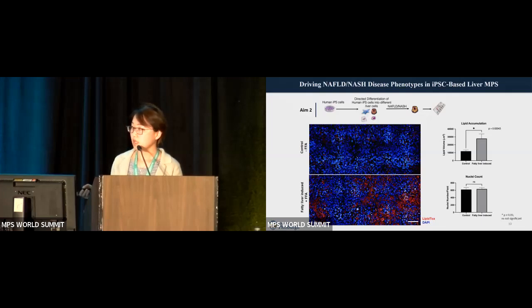We have DAPI showing the nuclei, and the red signal is from lipid staining. From the quantification, we can see the lipid accumulation is threefold higher in the disease-induced media, with similar cell amounts as shown by the nuclear count.